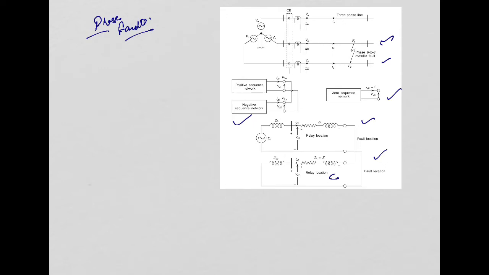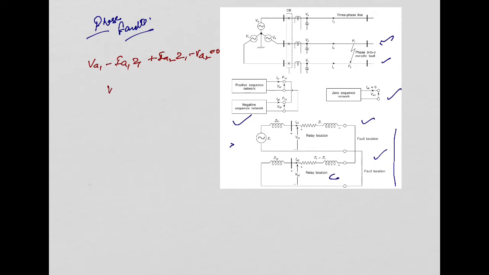Now apply the KVL to this equivalent circuit. We will get VA1 minus IA1 Z1 plus IA2 Z1 minus VA2 equals 0.